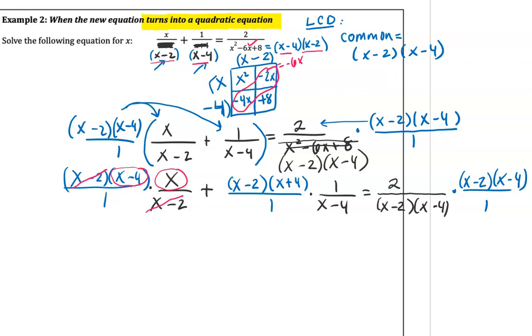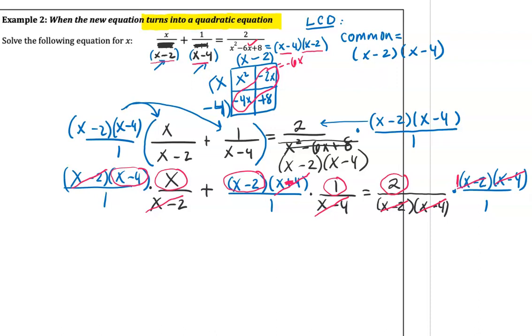In the middle fraction, oh sorry, this is x minus 4, typo there. But in the middle fraction, my x minus 4s cancel out, and I'm left with x minus 2 times 1. And then in my third fraction, every factor in the denominator cancels out, so I'm just left with 2 times 1. Because when you divide things out, they divide to equal 1.